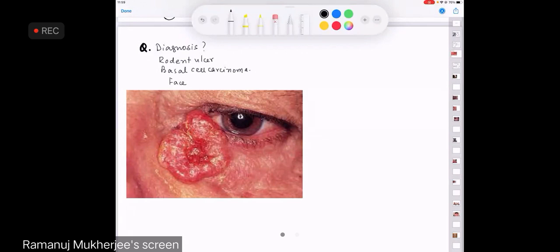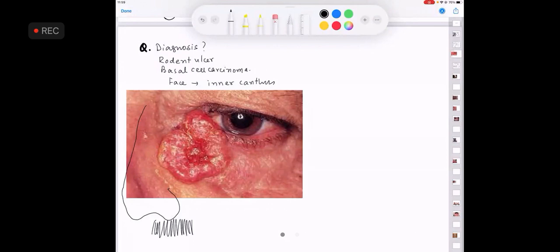Okay, on the face, near the inner canthus. I think you can identify that. If you cannot identify that, this is the nose, this is the mustache of the gentleman. I think you can now identify the ulcer.